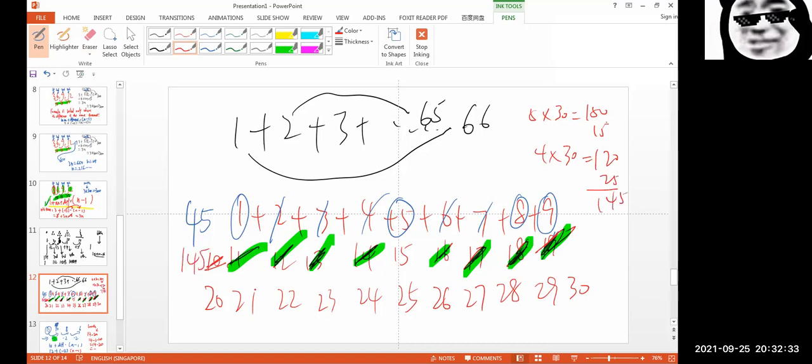And of course you can do the rest: 50, 150, 250, 350, 450, 650, then plus 25, so this is 325. Then you keep doing it for the rest and you will get the answer. So you do the 30s, then the 40s, then of course 55. That's also another way.